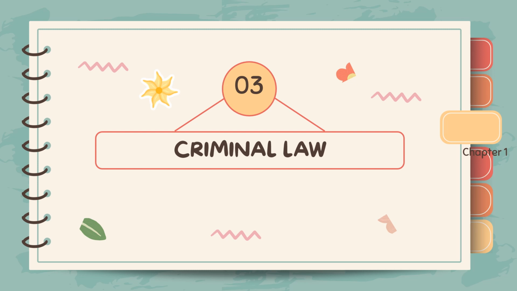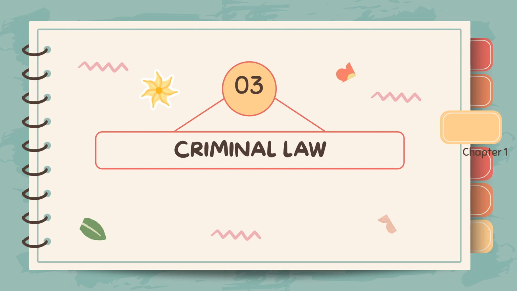And for classical school, the purpose of sentencing is actually for deterrence, whereas for positivist school, their purpose of sentencing is for treatment and reform. So let's proceed with criminal law.